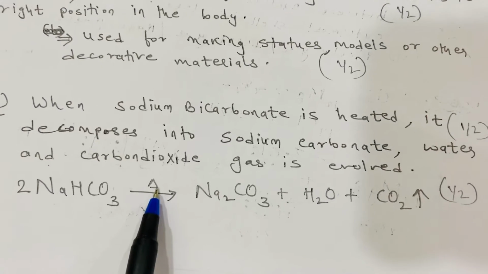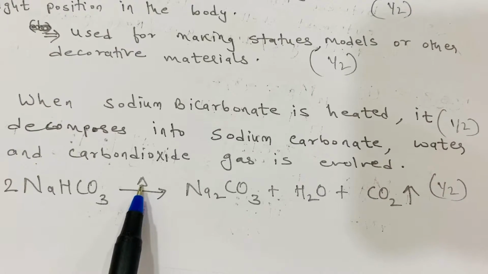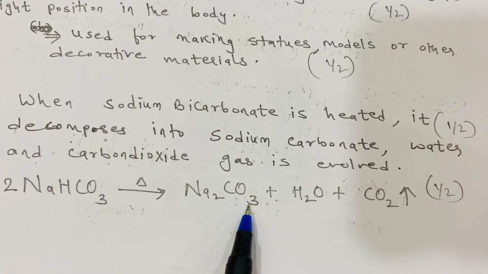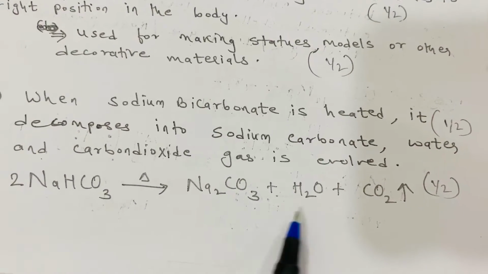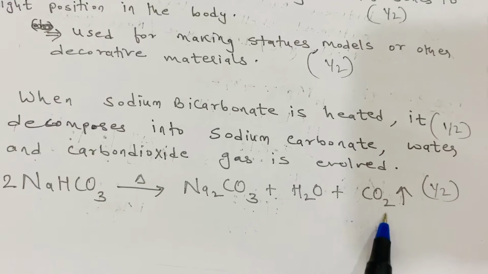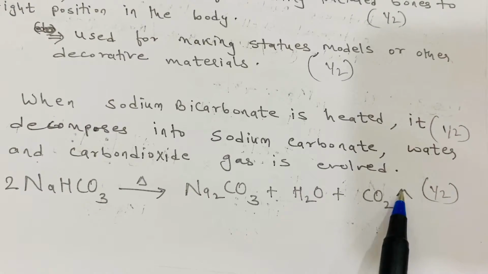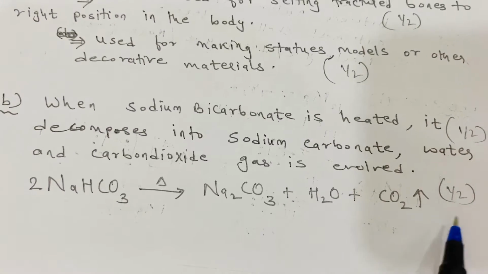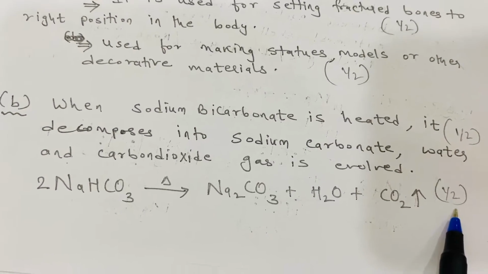You have to draw this triangle, which is the symbol for heating, to produce Na2CO3, that is sodium carbonate, plus water plus CO2 gas, by an upward arrow we have to show this. So this is a balanced chemical equation which carries half mark.